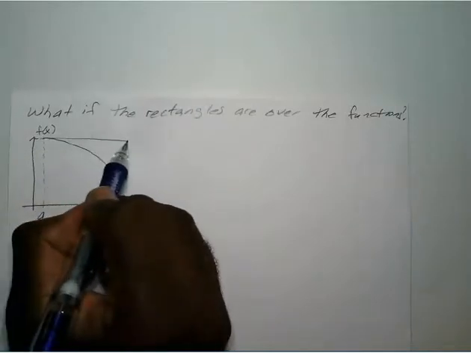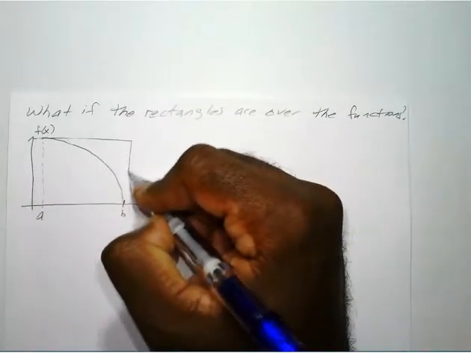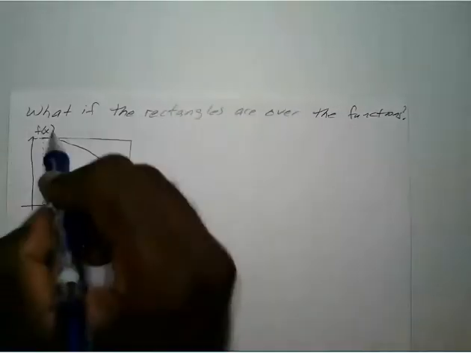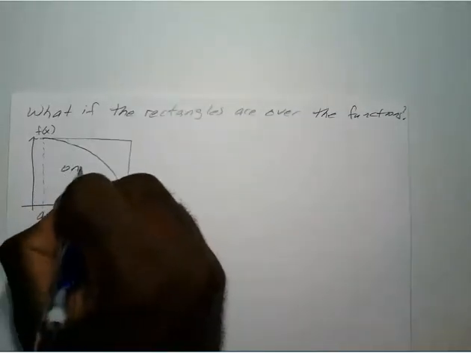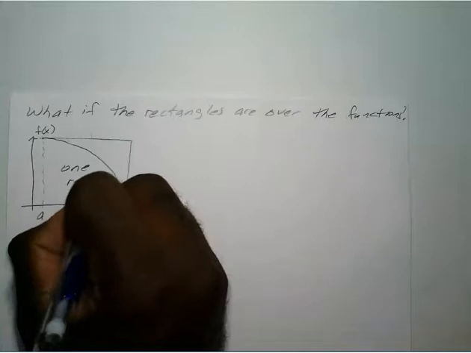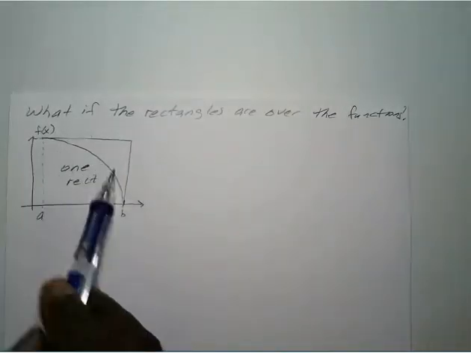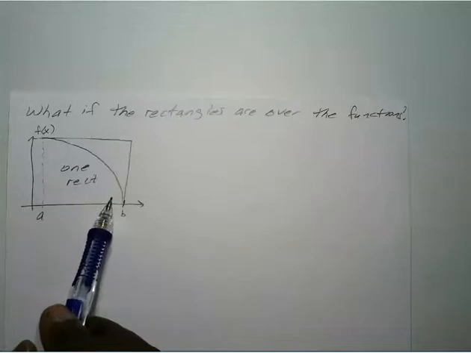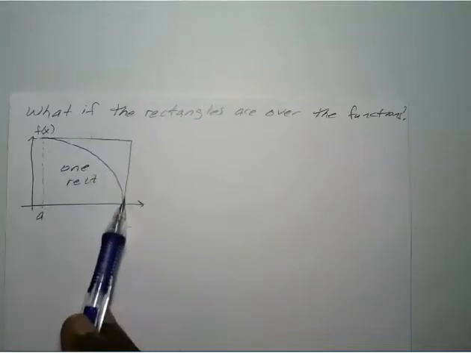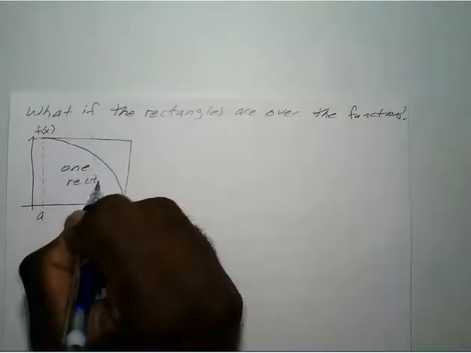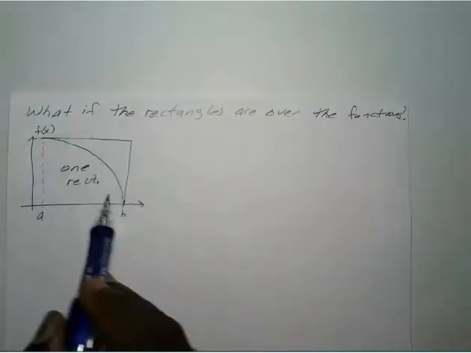So let's say we have one rectangle here. Okay, so remember this is our one rectangle. So what we're going to do is instead of going up underneath, we're now going to put one big rectangle over it to find out the area of that entire thing.